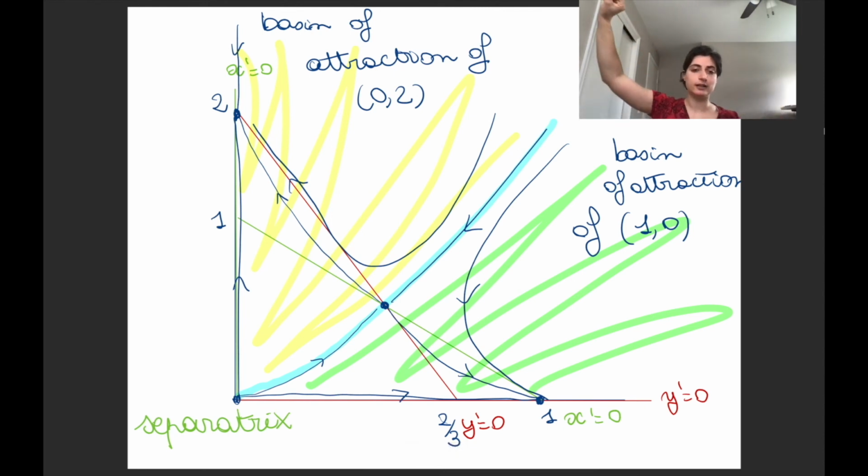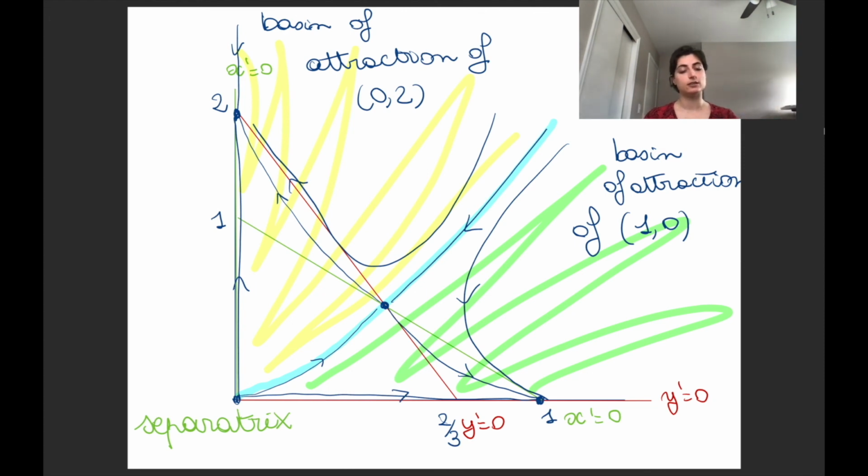That blue line indicates the distinction between everything that tends to (0, 2) and everything that tends to (1, 0). Depending on which side of this separatrix you are, you know what is going to happen. If you consider this in the condition of the two competing species, (1, 0) means that only the first species is left. (0, 2) means that only the second species is left.